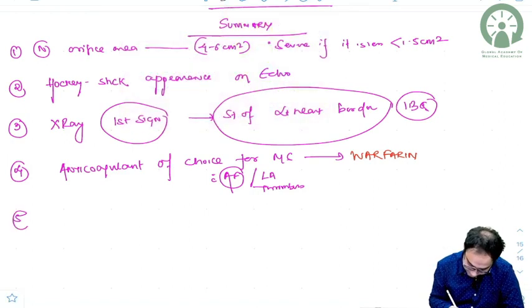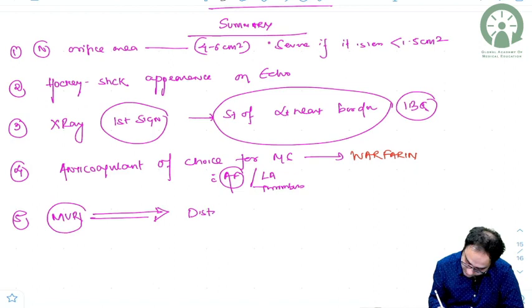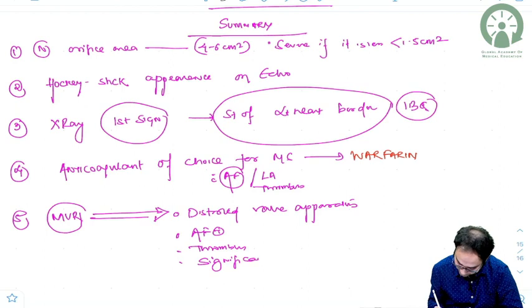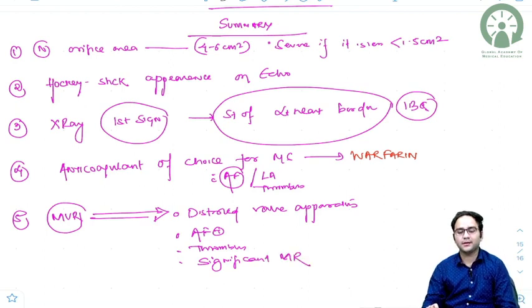Then we do MVR, mitral valve replacement, if you have a distorted valve apparatus, if you have AF, if you have a thrombus, and if you have a significant MR. Okay, so these all things are important.